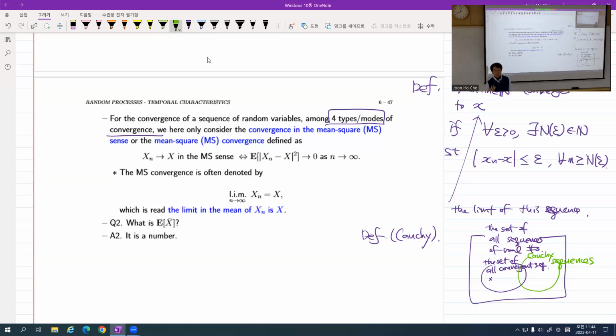The interesting thing is this. Every real Cauchy sequence converges. What does that mean? This set is a subset of that one. And if I remember correctly, the other way around also holds. So in the real case, a Cauchy sequence converges and vice versa. I'm not sure, I almost forgot, but in real sequences, they are the same.